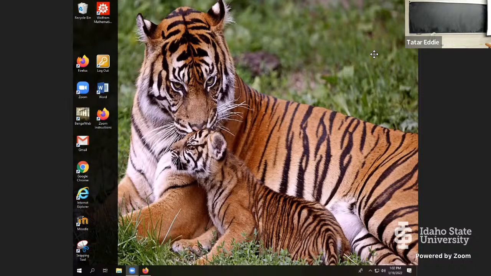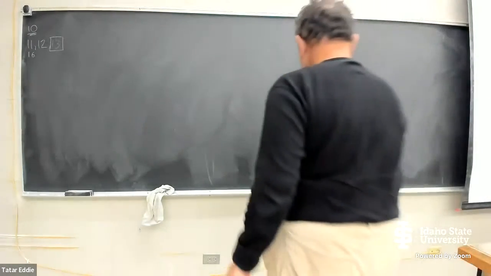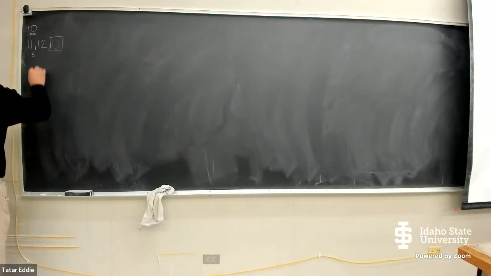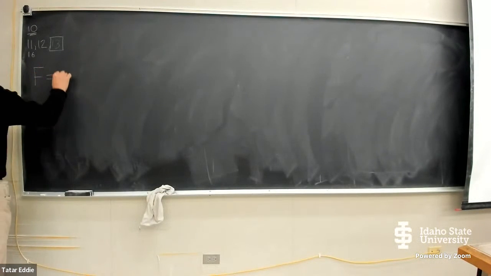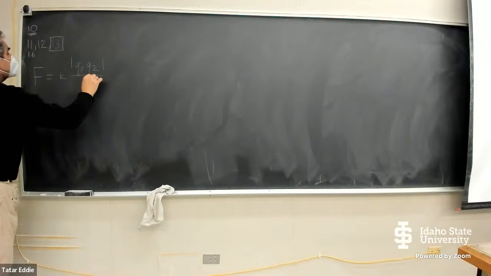And so today, let me summarize where we stand with electrostatics so far. We started with Coulomb's law that gives the magnitude of the force between two charges Q1 and Q2 separated by distance r.